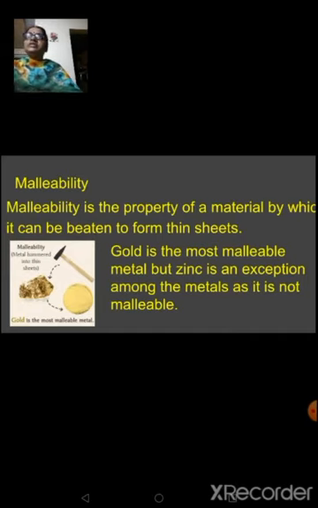So we get sheets of copper, we get sheets of aluminium. Why? Because these metals show the property of malleability. Malleability means it is a property possessed by a material by which it can be beaten to form thin sheets. Amongst metals, gold is considered to be the most malleable metal, but zinc is an exception as it is not malleable.